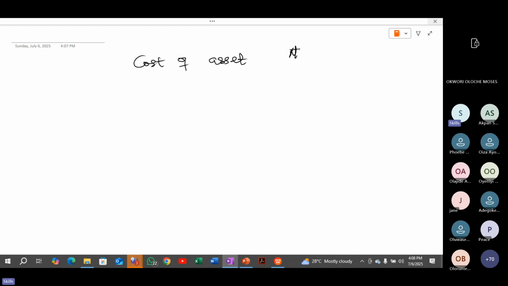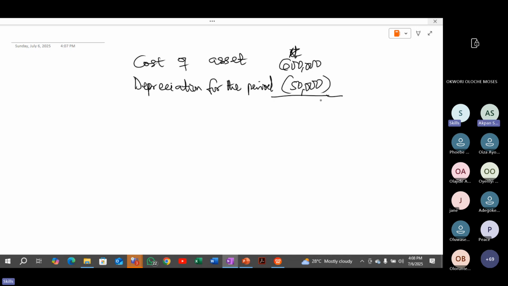You know, this is the cost of that asset, right? You now have depreciation for the period of 50,000. Depreciation always makes our asset reduce in value. Do you agree with that? So how much will I have left? I will have 550,000.